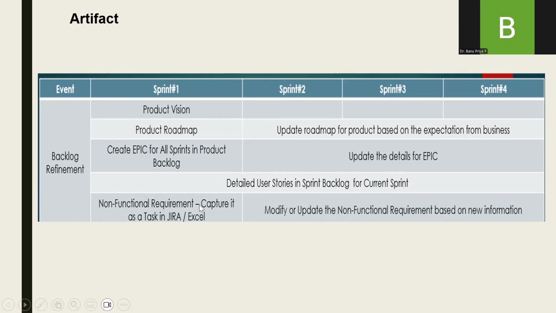You have to mention what are the functional and non-functional requirements for that. You can divide that into several sprints. Let's take, if there is an objective, the objective should be divided into several sprints. So each sprint will have such things. A vision statement, sprint 1, sprint 2, sprint 3, sprint 4. Here they have mentioned 4 sprints.